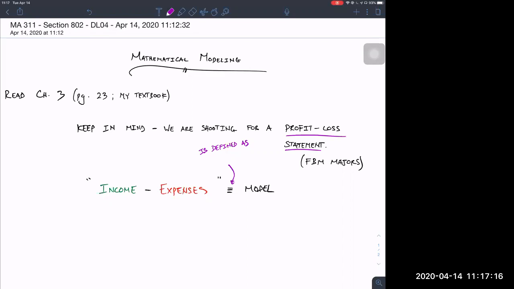When I ask, hey, find me the model, I'm asking you to make a profit loss statement. If I'm asking you, hey, what are all your incomes and expenses all combined together, I'm asking you to make the model. So no matter how difficult or how vague a question may be, you always are looking for the model at the end of the day.